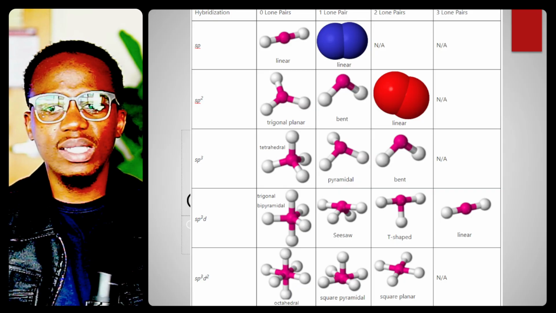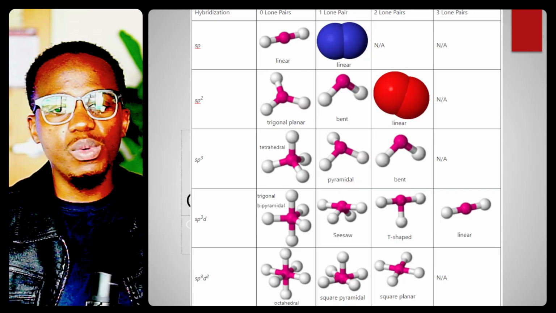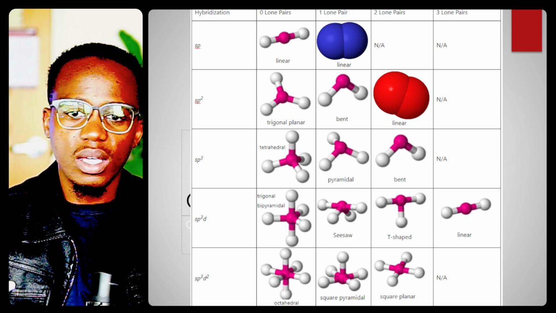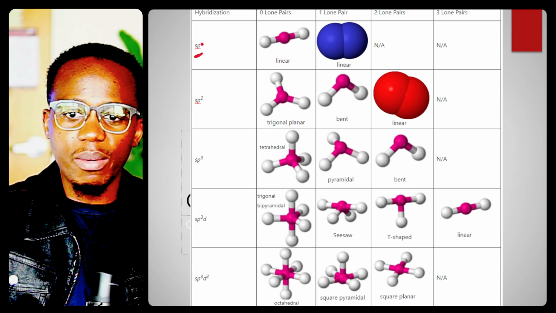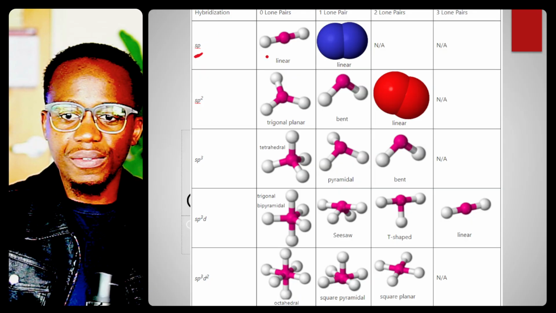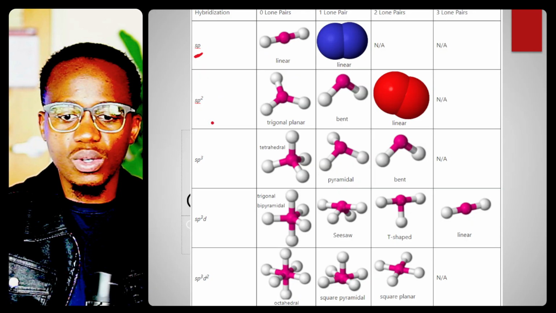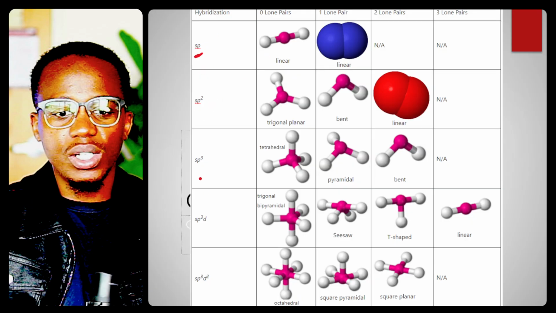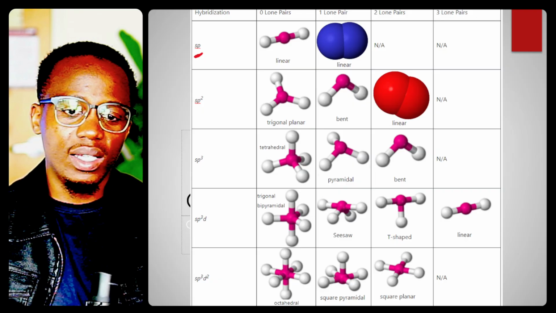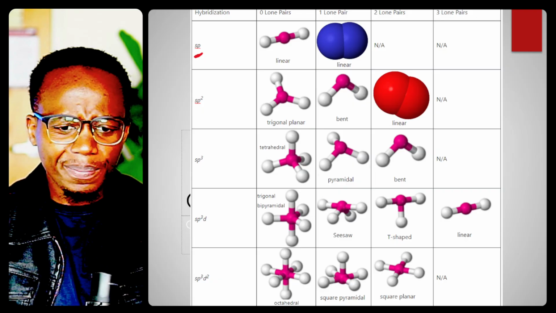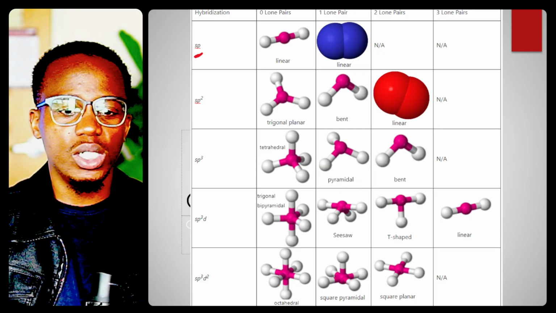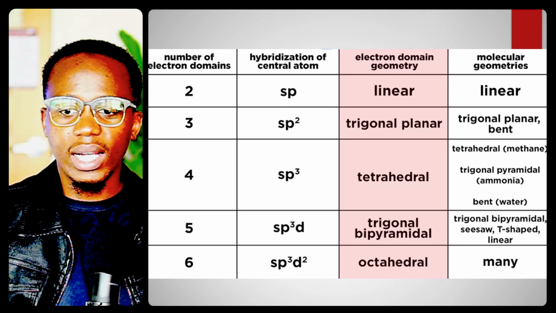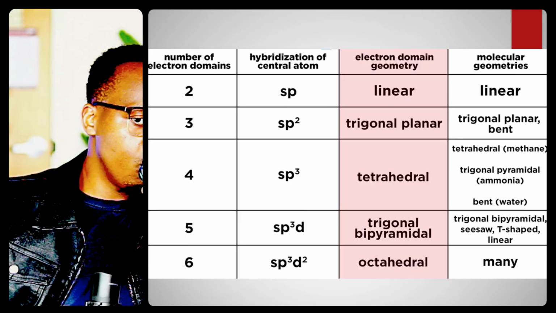And this is important, by the way, because it relates to geometry. If you have an sp hybridization, then you have a linear sp. So we have a few hybridizations here, and let me give you a table, because sometimes it's harder to know which hybrid is which. This is something that I got from the internet, and this is very easy.